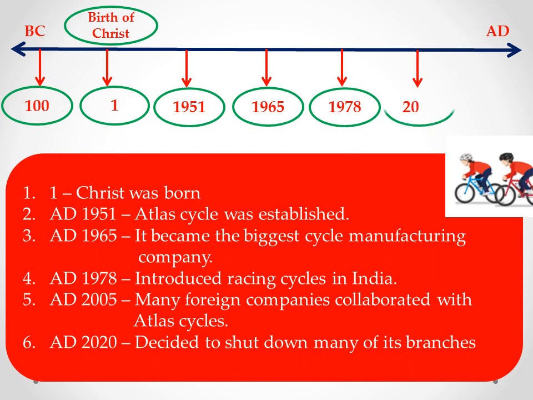But unfortunately, on World Cycle Day, which was on 3rd June 2020, Atlas Cycles decided to shut down their main branch. Children, I hope you are able to understand how to write dates in AD or Common Era.